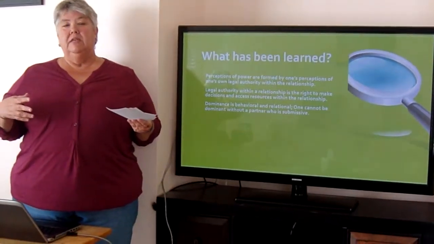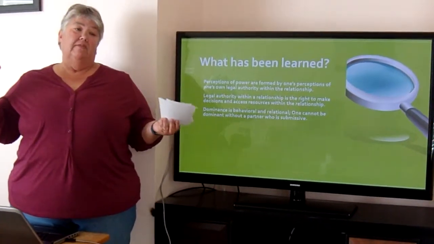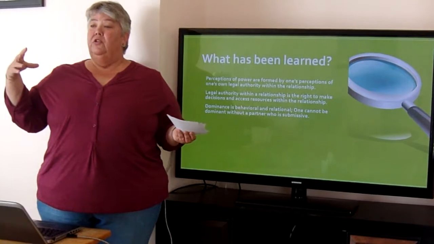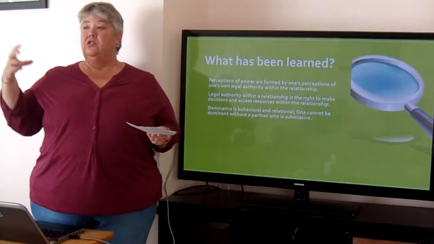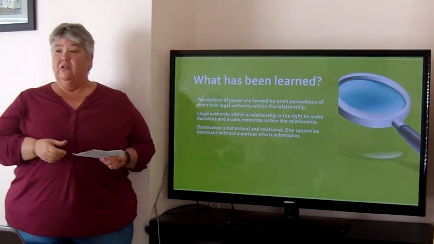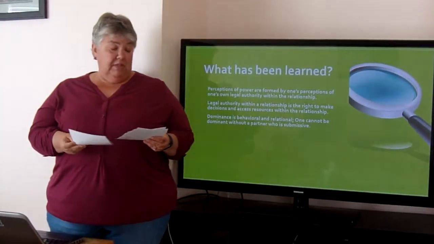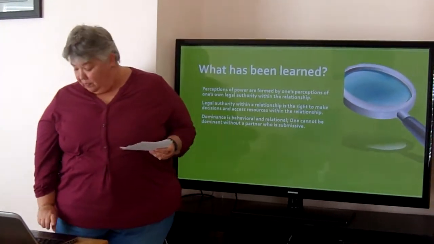And what that means is that if you have a dominant partner, you're going to also have a submissive partner. If you have that partner on one end who holds all the power and is exerting control, you can be sure that the other partner in the dyadic relationship is going to be submissive and acquiescing to that control.